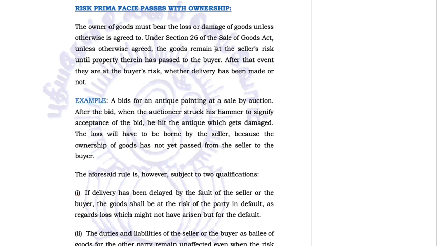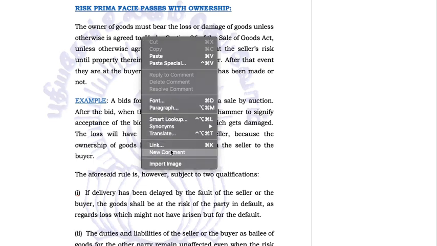It says that the owner of goods must bear the loss or damage of goods unless otherwise agreed. Otherwise, if it is agreed that the seller will bear the loss, or some other third party, like in the case of an insurance contract.